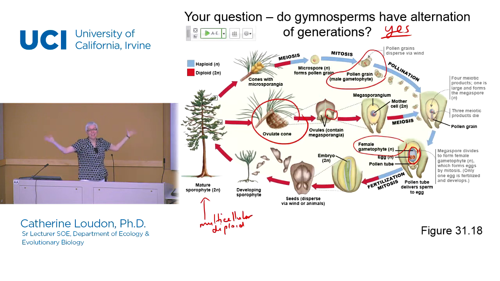It's not a separate obvious entity. So that's why it wasn't as clear that there is, in fact, alternation of generations. But absolutely, there is this alternation between multicellular diploid and haploid stages. It's just that the multicellular haploid stages are very tiny. And in the case of the female gametophyte, it's buried within other tissues, so it's not obvious from the outside.